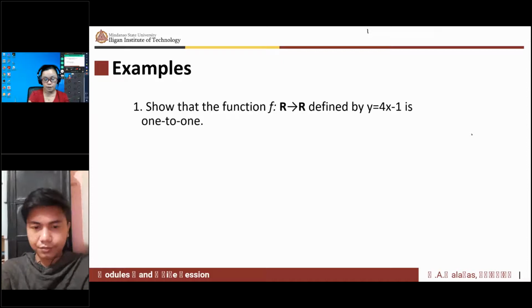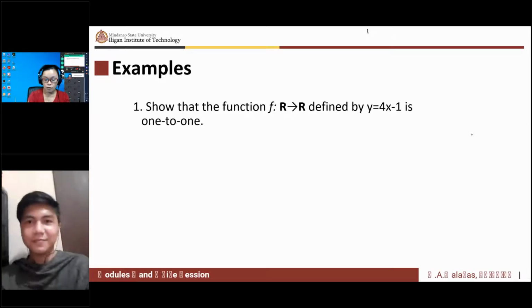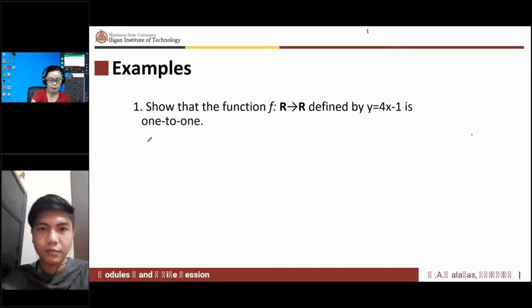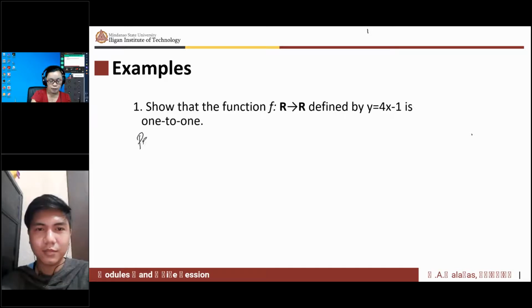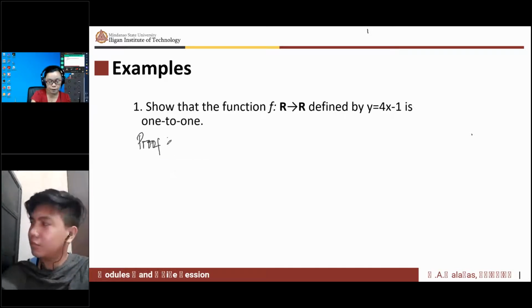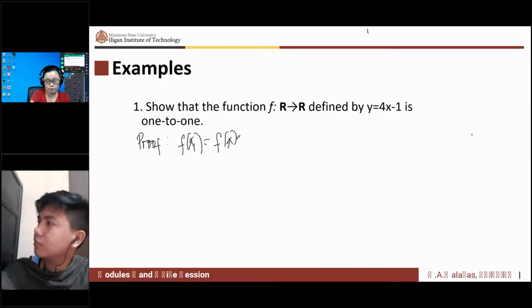So, for example, show that this function is one-to-one. How do we do that? Again, we prove this one. Proof. Suppose that f of x1 equals f of x2.